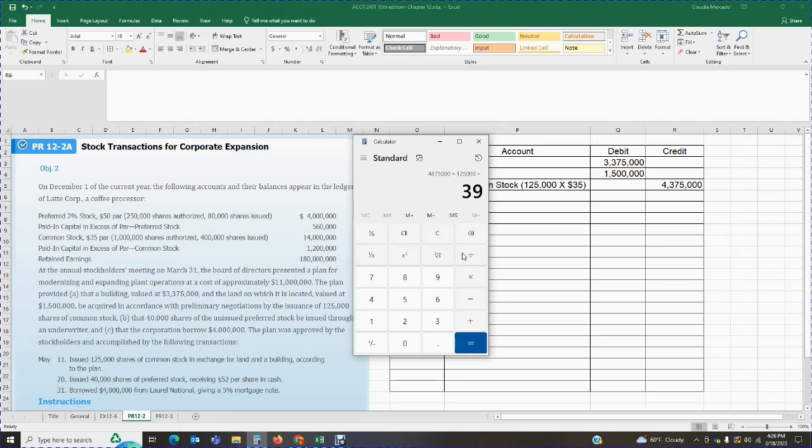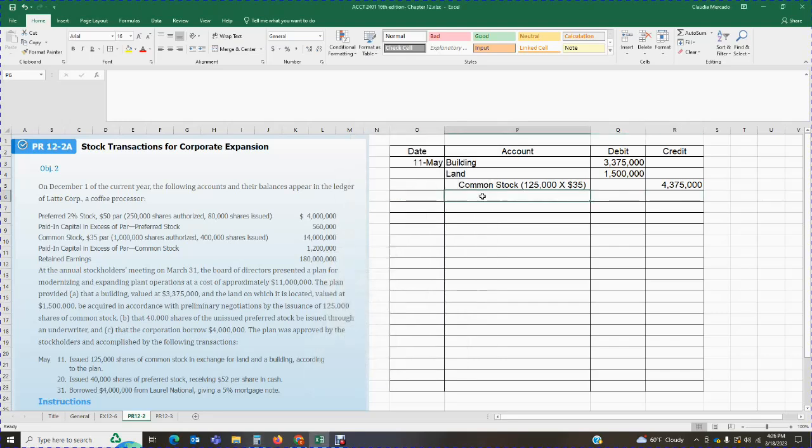Okay, so we're going to record our common stock at par value of $4,375,000, and then we're going to say, in this particular case, we had paid-in capital in excess of par.